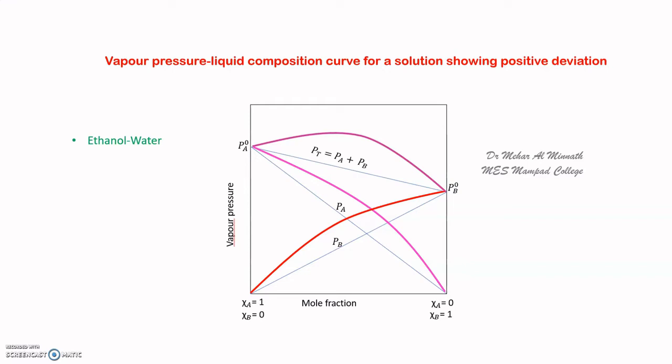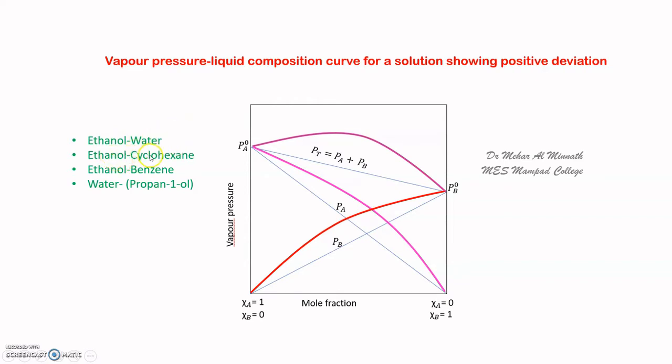Solutions like ethanol-water, ethanol-cyclohexane, ethanol-benzene, water-propanol, all these show positive deviation. That means the interaction between ethanol and water is weak when compared to the interaction between ethanol and ethanol, or water and water.